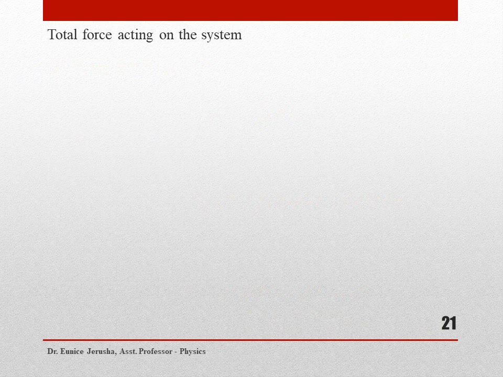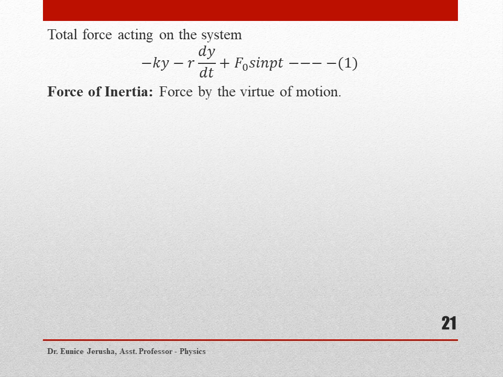The sum of the three forces is the total force acting on the system, which is given by minus Ky, which is the restoring force, minus R dy by dt, which is the frictional force, and F naught sin Pt, which is the external periodic force. This we call equation 1.